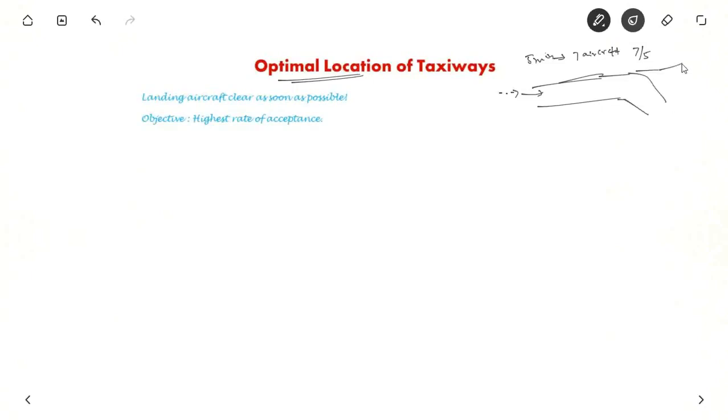So this exit taxiway, which leads to the gate or apron of the airport, should also have a rate of 7/5 or more. It should have a good acceptance rate and it should be greater than the arrival rate so that you can accept all the aircrafts. So the objective is highest rate of acceptance so that the landing aircraft clears as soon as possible.